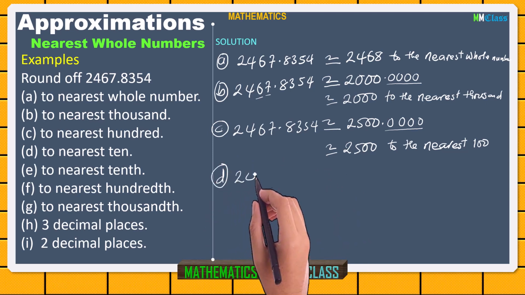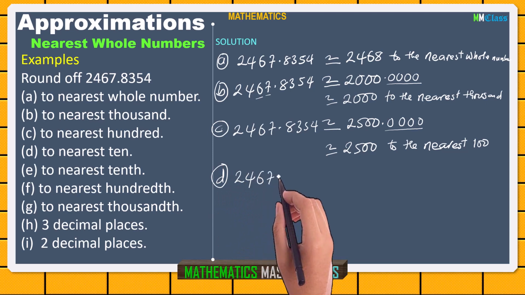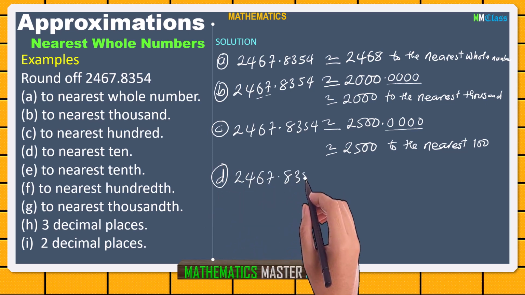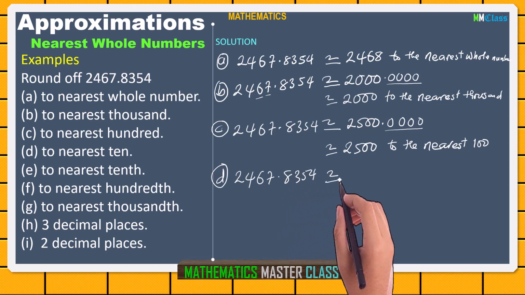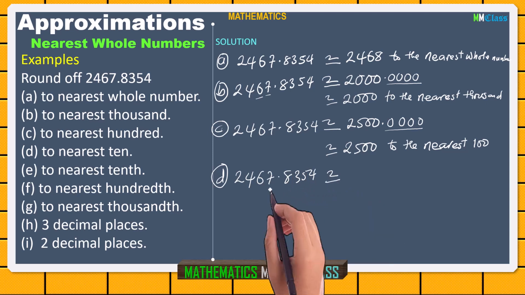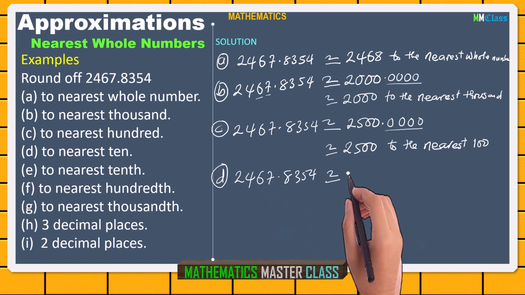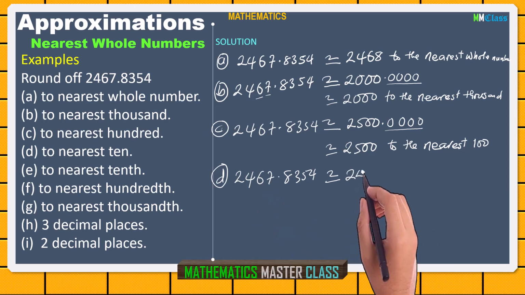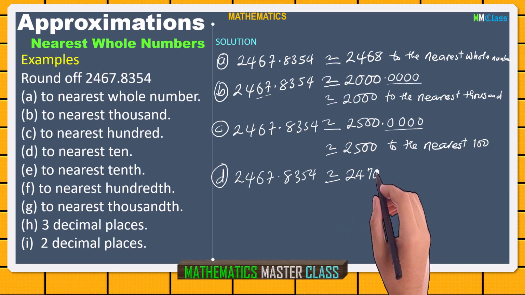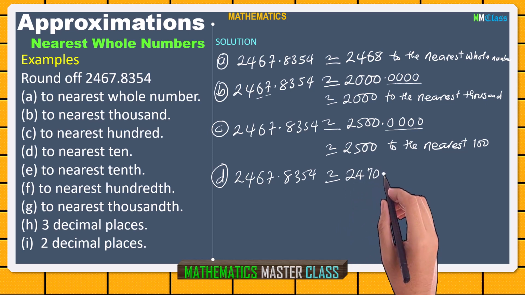Sorry, let's bring it down. So 2467.8354. To be approximated to the nearest 10, we'll turn this to 0. Because it's a number to round up, we'll remove 1 from it and add it to 6 to become 7. So our new answer will be 2470.00.